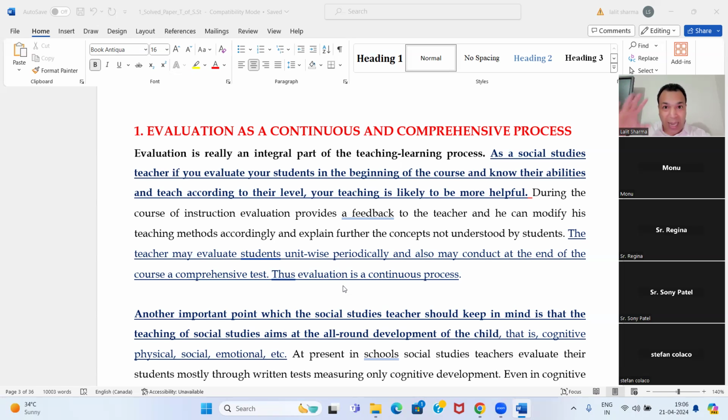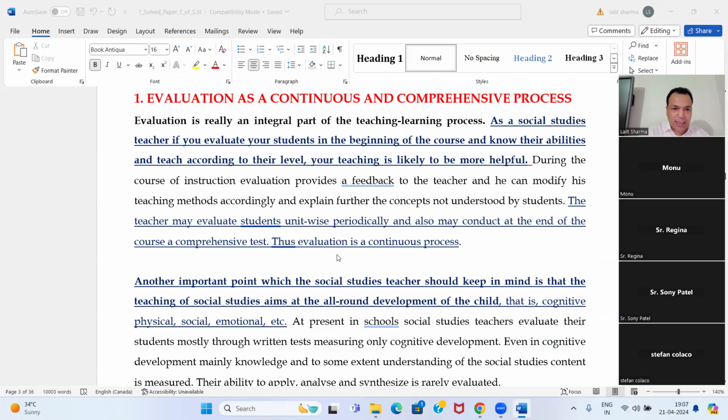So you should have the knowledge of pedagogy, and the teacher is called a pedagogue, noun pedagogue. That's why you have teaching subjects in your B.Ed course: pedagogy of SST, pedagogy of English, pedagogy of science. Pedagogy and teaching are the same word, a synonym.